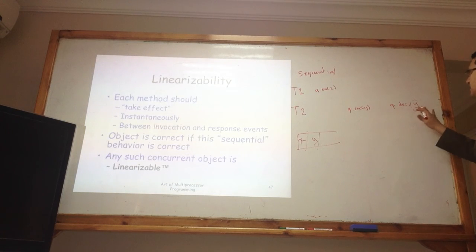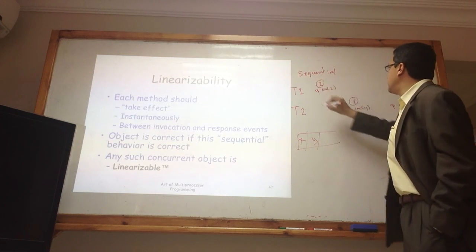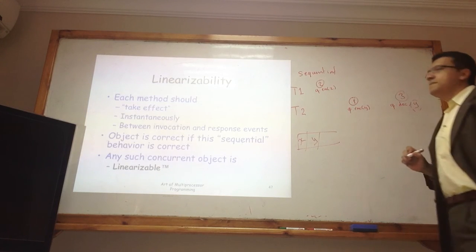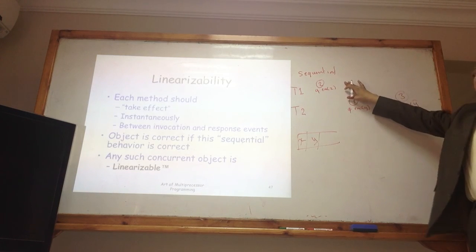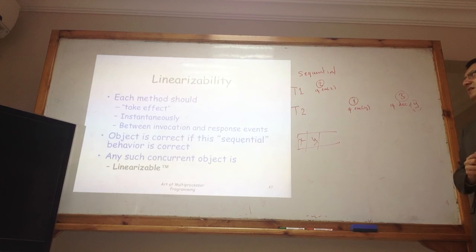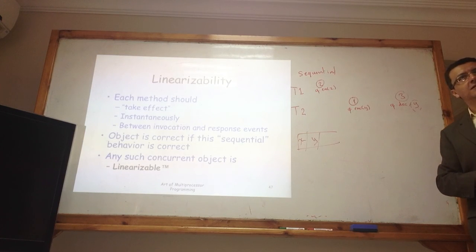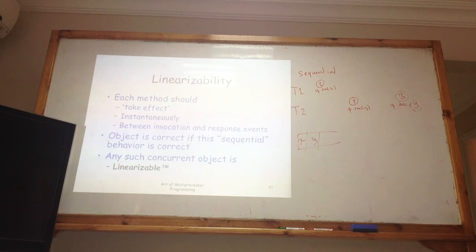Can we find some sequential order? Yes. You can say this one happened first, this one next, and this one third. This is correct because this has to happen before that, and this one can happen anytime. So sequential consistency says yes, you can get Y. But intuitively you say, come on, how come? The notion of time is not there in sequential consistency.